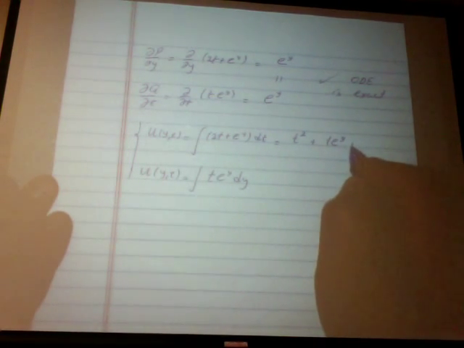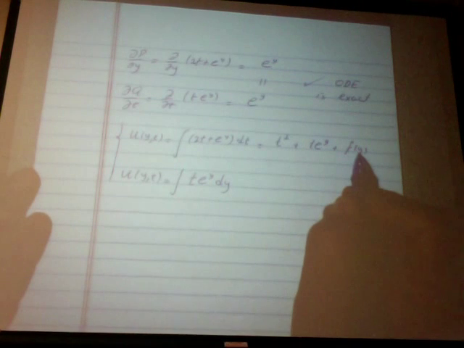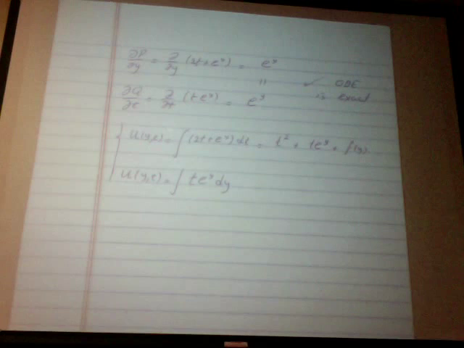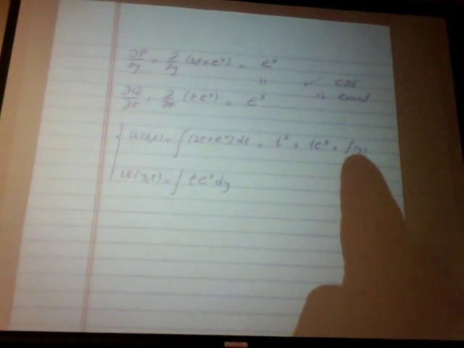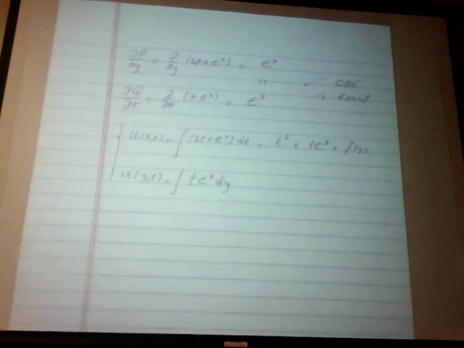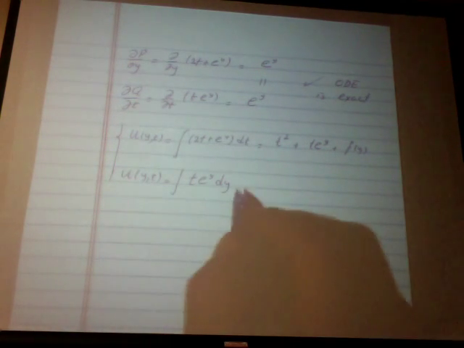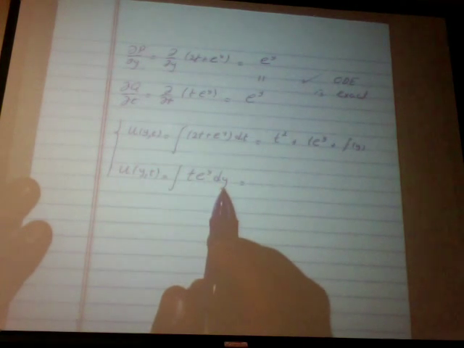Now there's a constant of integration plus, we're going to call that f of y, because any function of y is a constant when it comes to t. That means that if I differentiate this, whatever f of y is, I will get this. Right? That's what the definition of an integral is. Now let's integrate this with respect to y. What do you get?